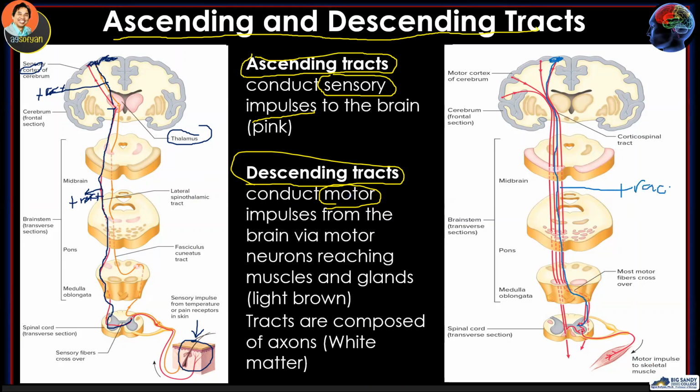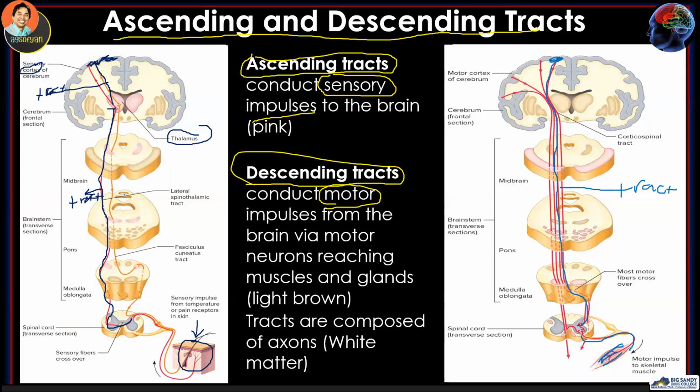And they're going to use the white matter of the spinal cord to carry that information. And then from that, there will be interneurons, and there will be a motor neuron that receives the information, and that motor neuron will carry that order to the effector. In this case it is muscle. So this is the descending tract.